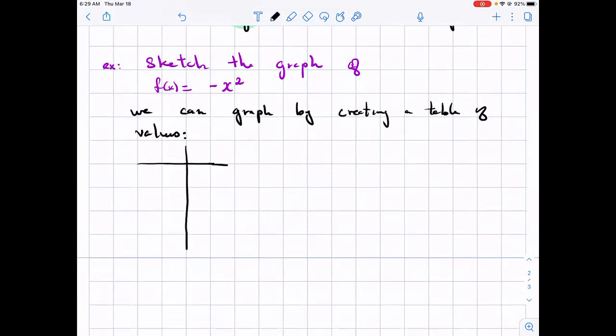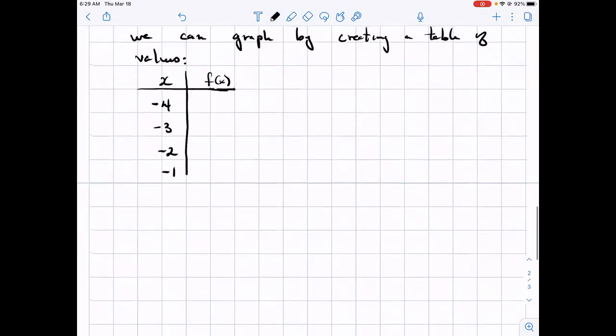So you will have to create a lot of points. So if we create x and then f of x, with minus 4, minus 3, minus 2, minus 1, 0, 1, 2, 3, and so on, you will notice that f of minus 4 will be minus 4 squared, which is equal to 16.